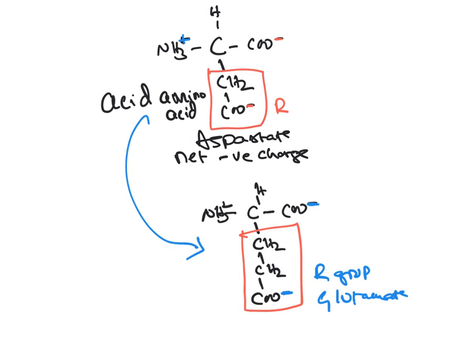Now let's move on to see our next category. Our next category of amino acids is positively charged amino acids. Let's look at positively charged or basic amino acids. Our first basic amino acid is arginine.